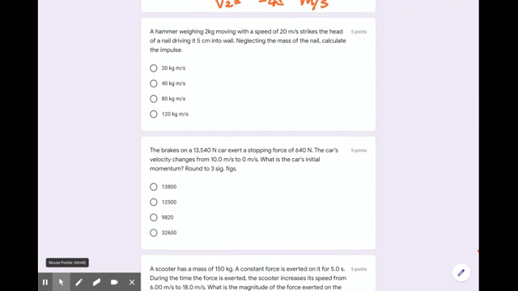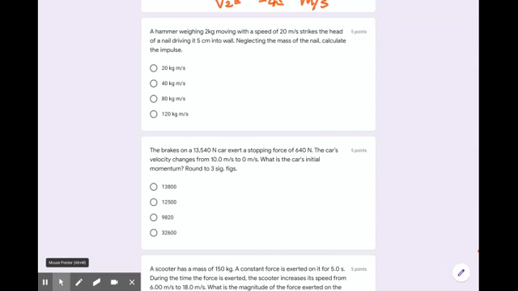A hammer weighing 2 kilograms moving with a speed of 20 meters per second strikes the head of a nail, driving it 5 centimeters into the wall, neglecting the mass of the nail. So the nail has nothing to do with it. Calculate the impulse. Impulse is change in momentum.